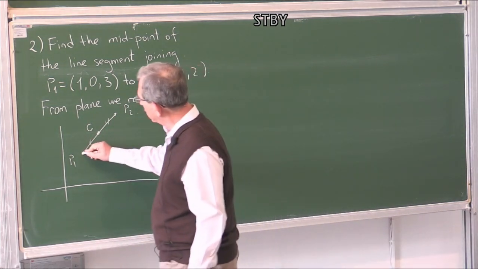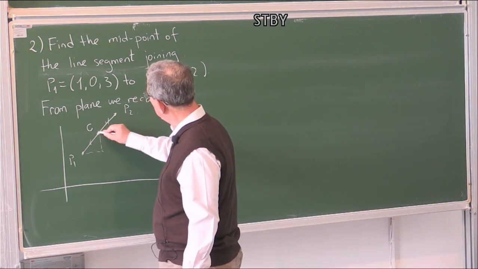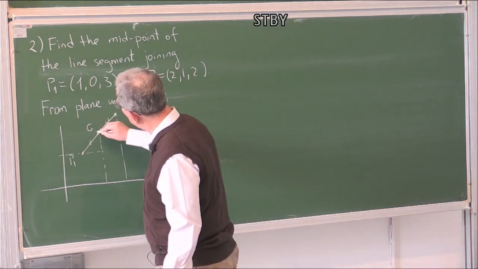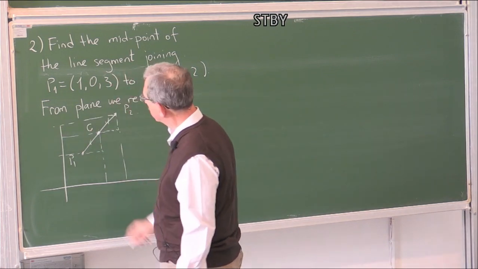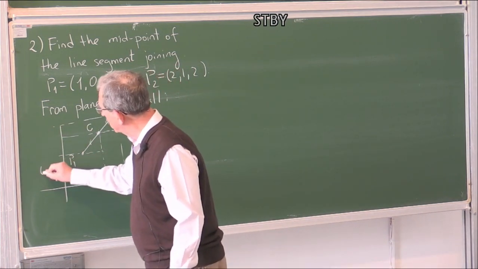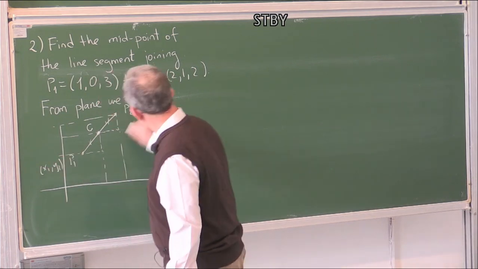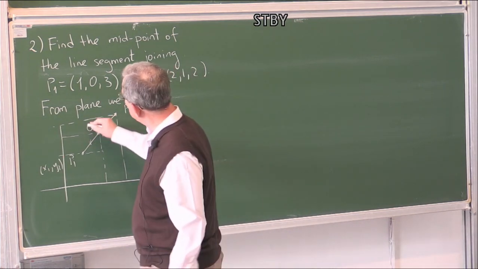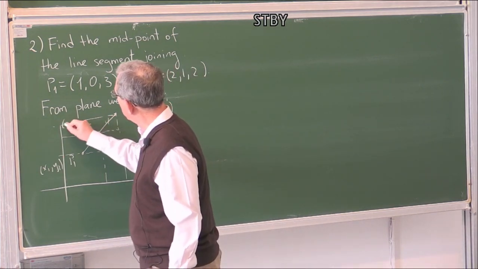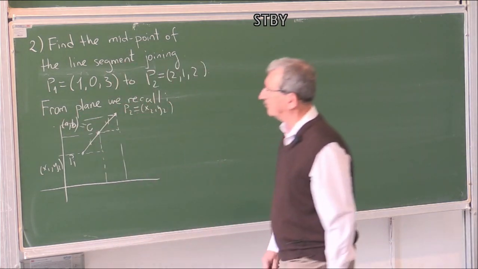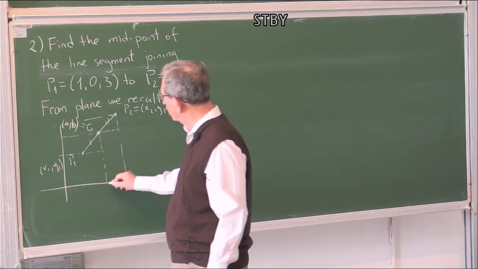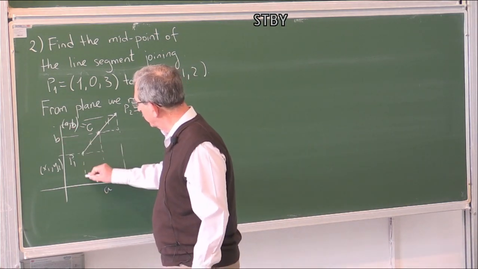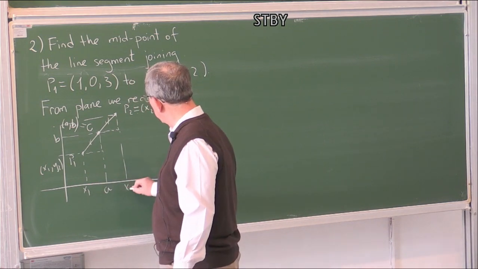Then let us give some coordinates to these things. Say P1 is x1, y1, P2 is x2, y2, and C is, say, (a, b). Then this would be our a, this would be our b, and this would be our x1, this would be x2, etc.